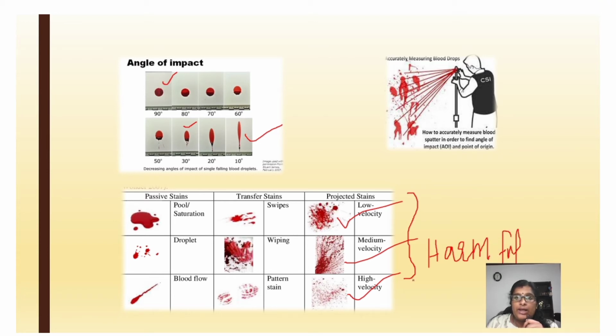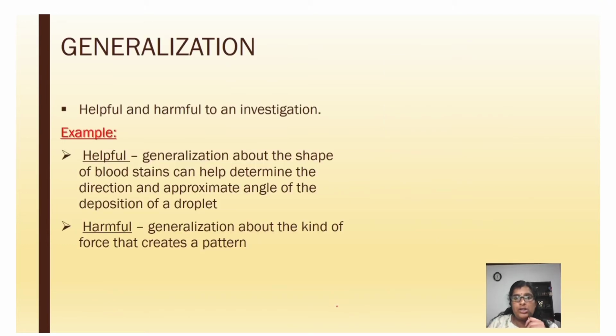It is harmful because sometimes, if a blunt weapon is used with high velocity, with high pressure, these kinds of small patterns will also form. So that is harmful for the investigation. These generalizations are both helpful and harmful. Helpful in that the droplets at 90 degrees are spherical, and at 10 degrees oval with a cast.